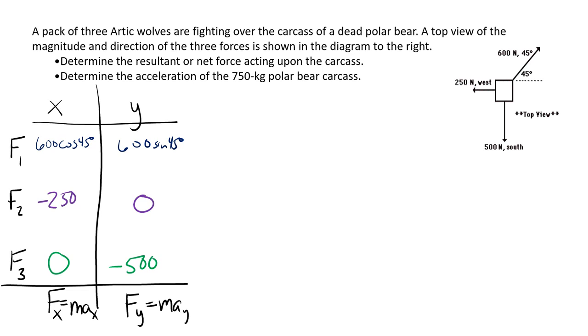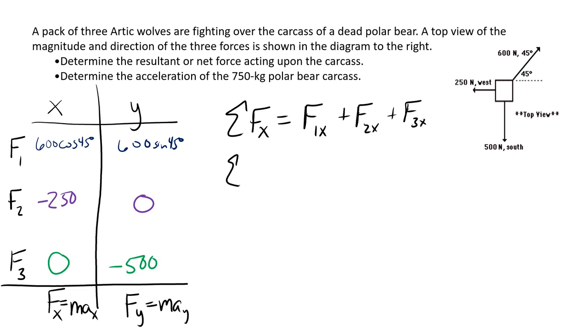Now, the other technique that you could do is you could take this and say, okay, I'm going to sum up all my forces in the x direction, and that's going to be my force 1 in the x direction plus my force 2 in my x direction plus my force 3 in my x direction.